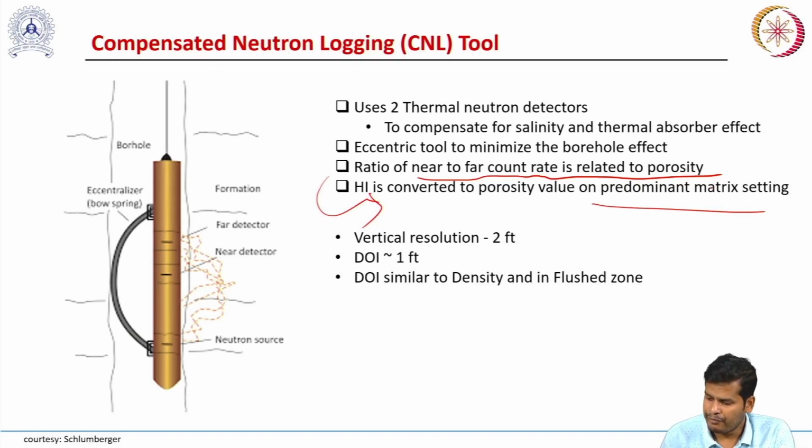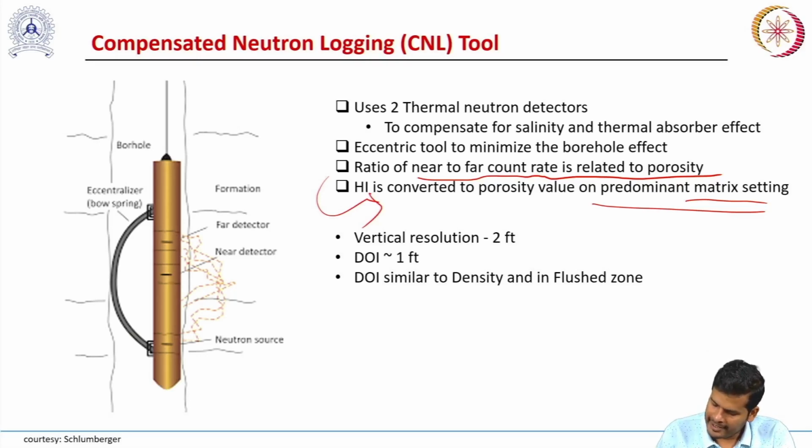That's why the matrix setting that you're using is also important. Whether you're considering the formation to be limestone or sandstone, accordingly the signal of the formation matrix would be different. So the hydrogen content which we get from the near to far count rate ratio must be converted to porosity by keeping in mind the matrix of the formation. Accordingly, a proper matrix setting must be identified.